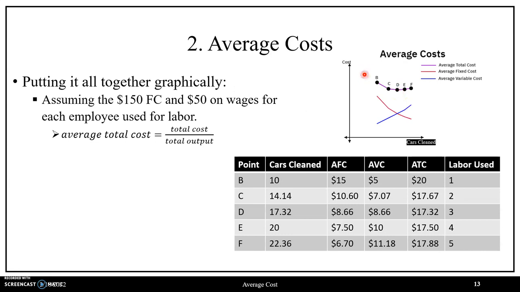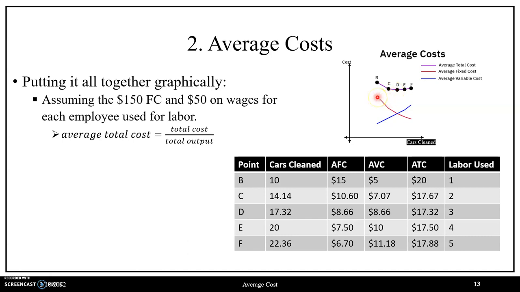Let us explain why that is by incorporating our average variable cost curve in blue that is upward sloping, in addition to our downward sloping average fixed cost curve in red, to also see this in accordance with our U-shaped purple average total cost curve. So on inspection, we can see with respect to average total cost, at point B all the way up until point D, we see that average total cost is downward sloping.